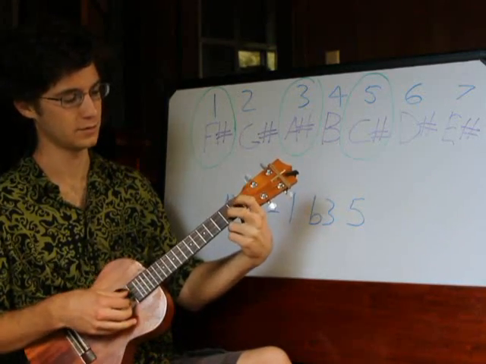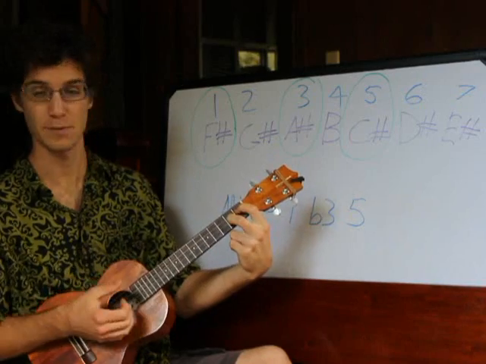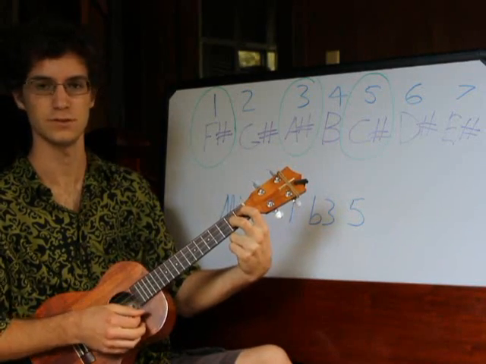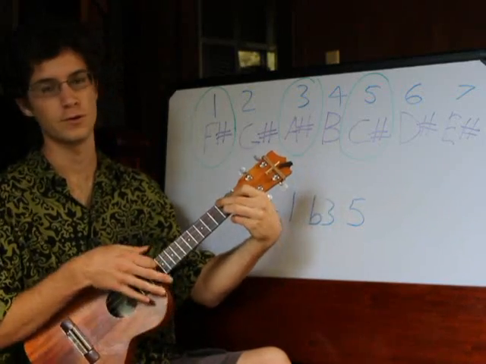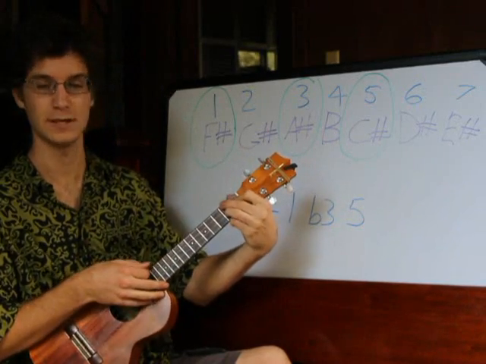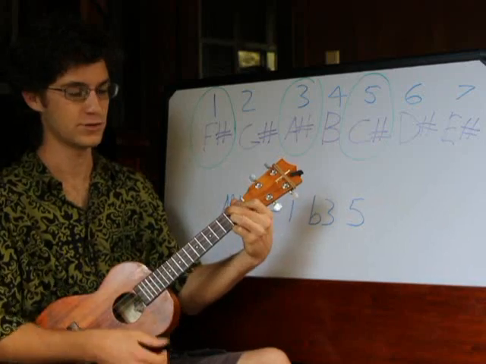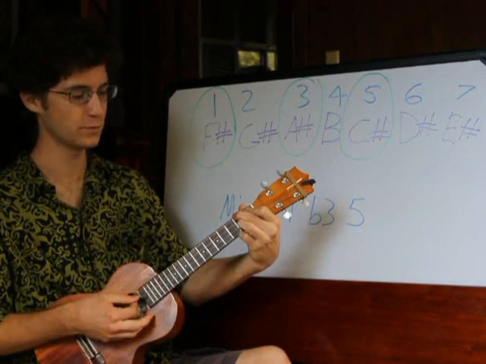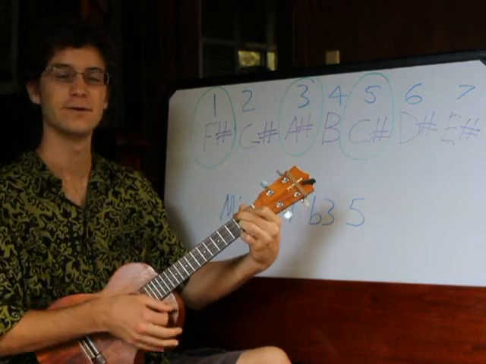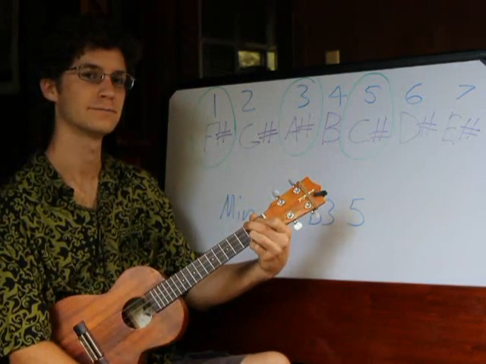You can play the 3 bottom strings, 1, 2, 0. But for the normal F sharp minor chord that everybody plays, you double the A. So now you have 2, 1, 2, 0 for F sharp minor.